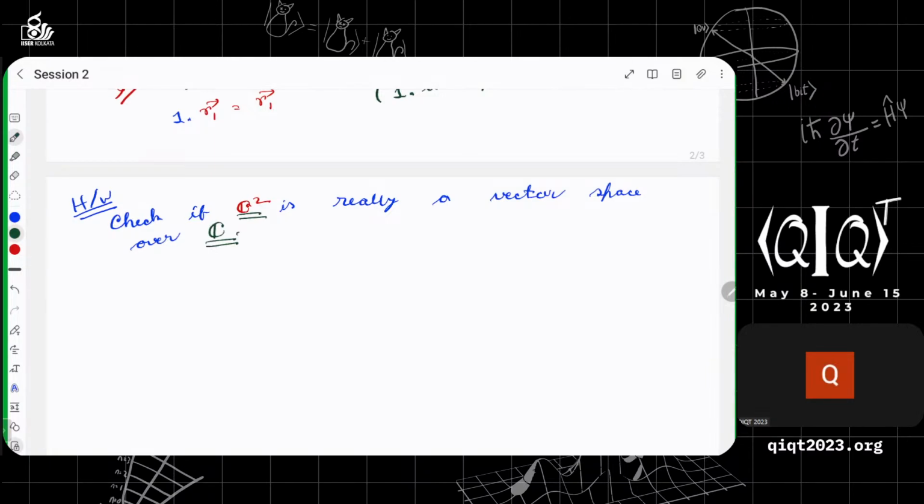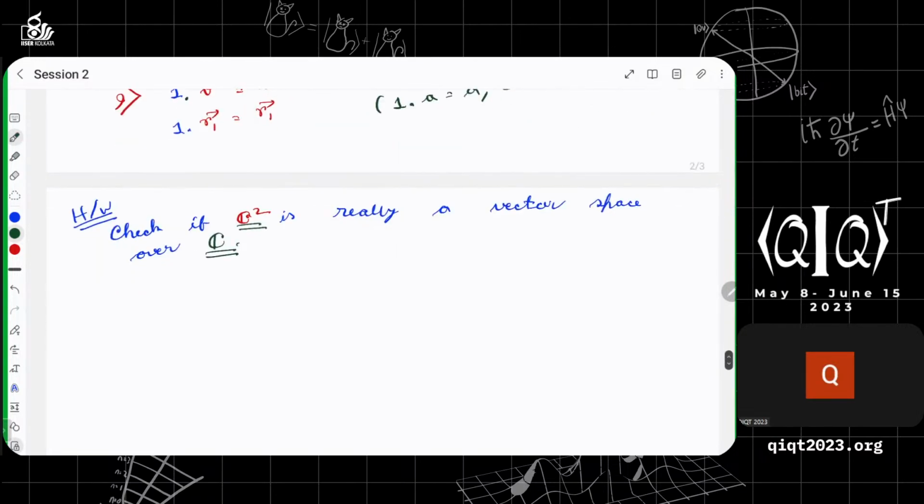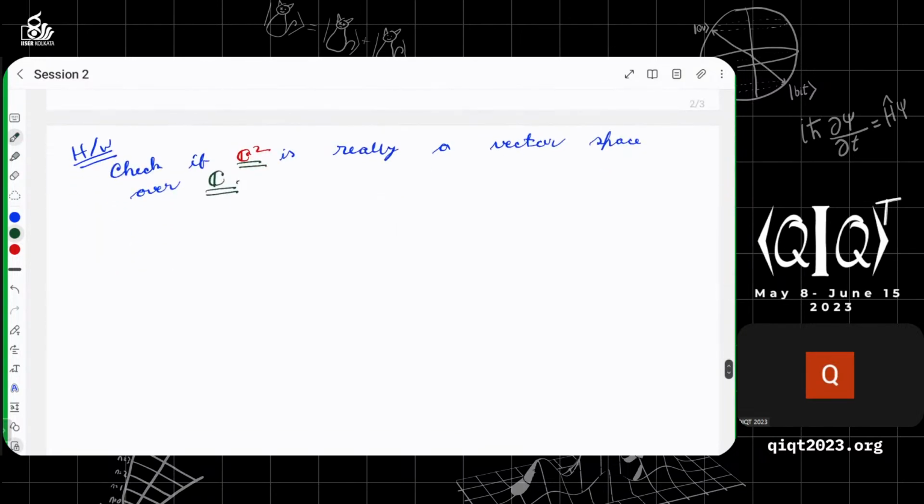Here you have to check whether all the 9 conditions that we have listed down hold true for this C2 over C.